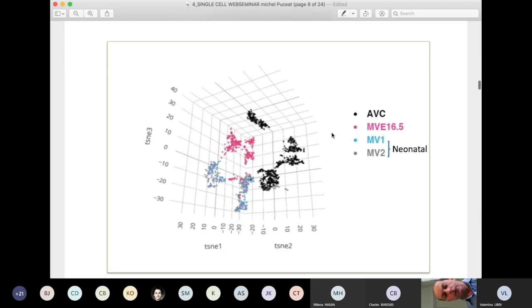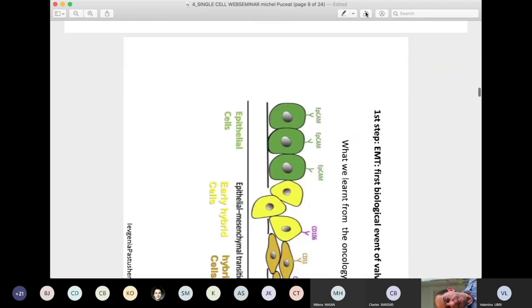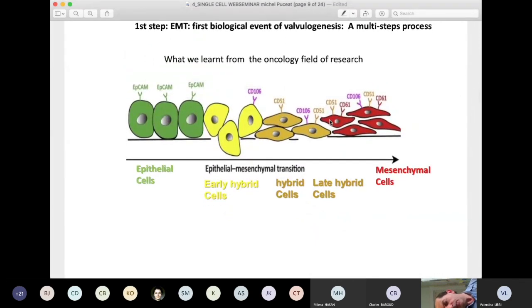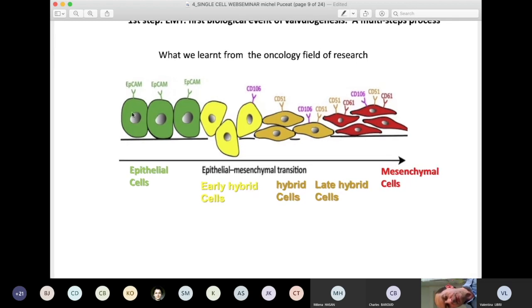Next, we are going to go stage by stage to try to understand the process of valve formation. The first process, as you know now, is the EMT, the endocardial to mesenchymal transition. We have known for a few years that EMT is not a one-step process.